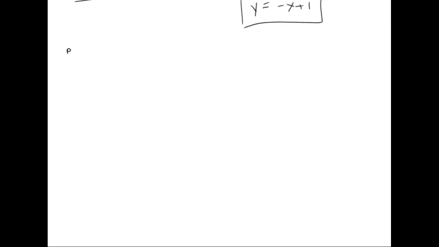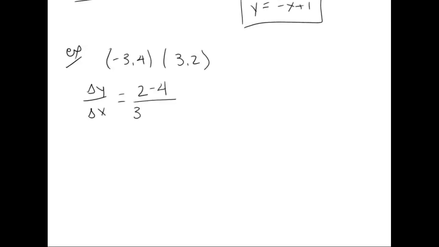Okay, I'm going to do one more for you, and you're going to be good to go. What if I have (-3, 4) and then (3, 2)? I want change of y over change of x first. So I'm going to get 2 minus 4 all over 3 minus a minus 3. Be careful there. 2 minus 4 is going to give me a -2. Then 3 plus 3 gives me 6, which gives me a -1/3 here for my slope. Now grab either point, doesn't matter, y minus y1 equals m(x minus x1).